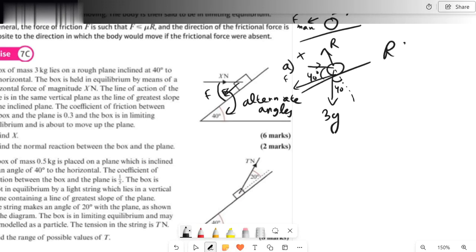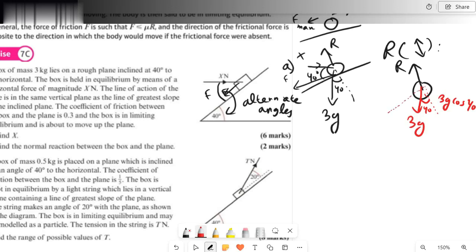So resolving perpendicular to the plane, we can say that there is the normal reaction force acting, and downwards we have 3g, whose component with respect to the slope is going to be 3g cos 40, because this is the angle 40. And we also have x at an angle of 40 degrees with the plane. So if this is the plane, this is x newtons, which is 40 degrees.